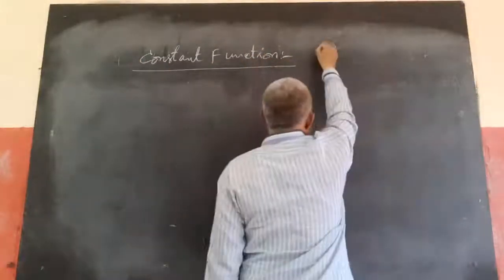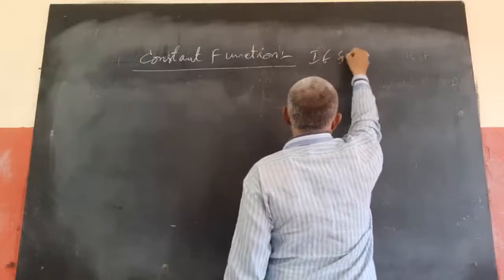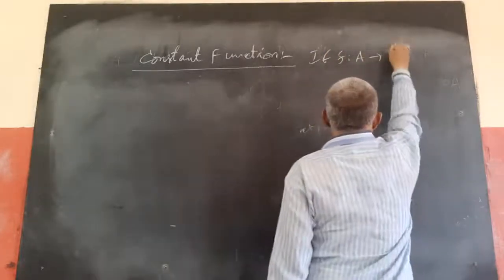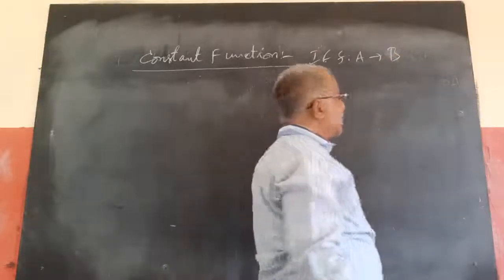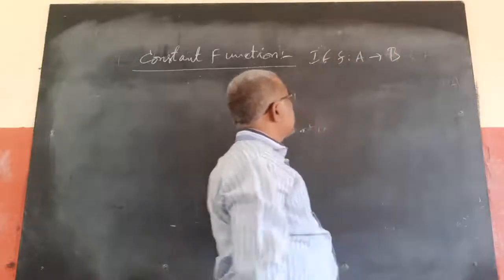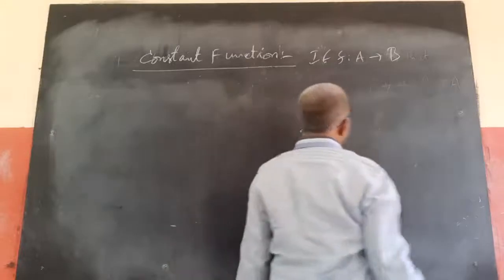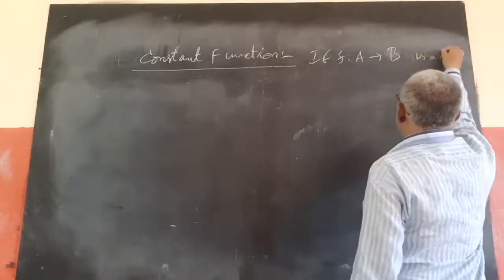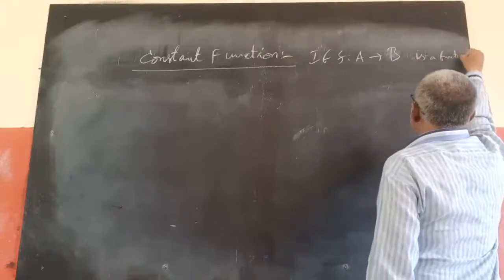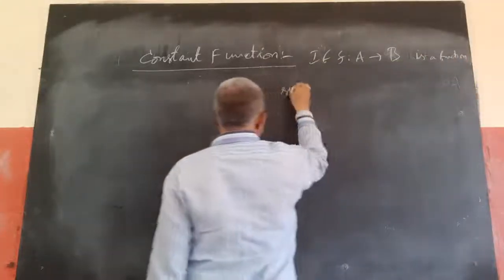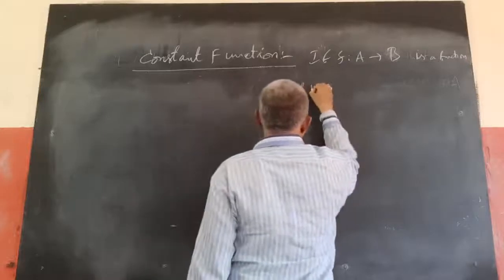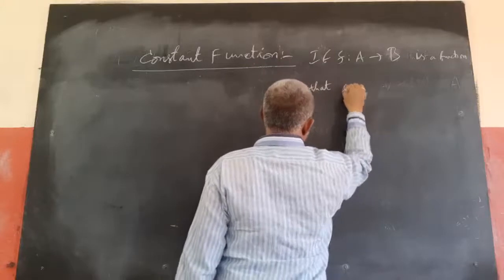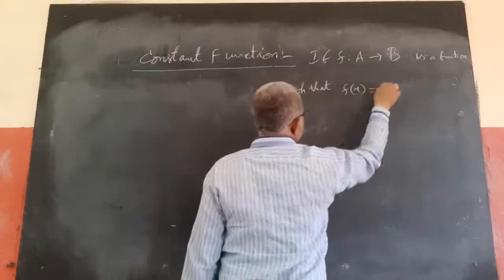If f is a mapping from A to B, where A, B are subsets of real numbers, is a function such that f of x equal to some k.